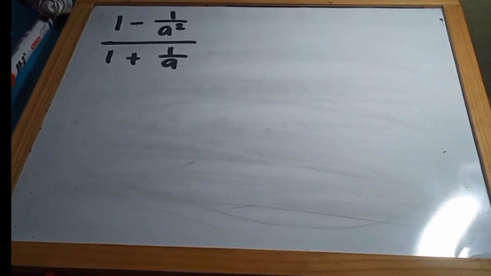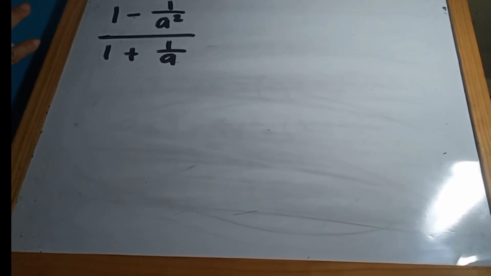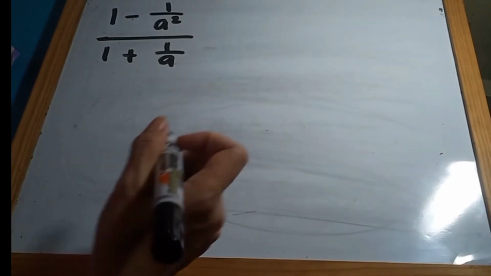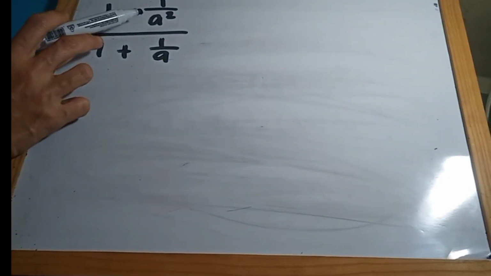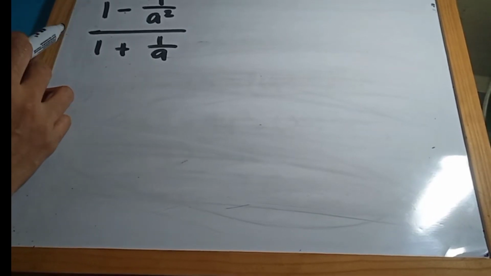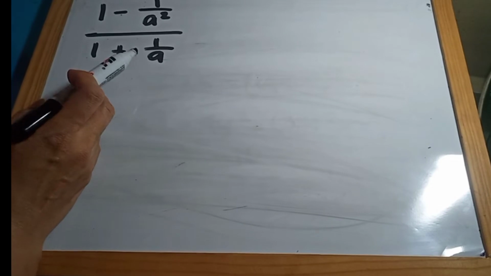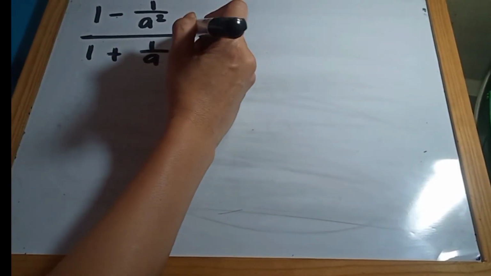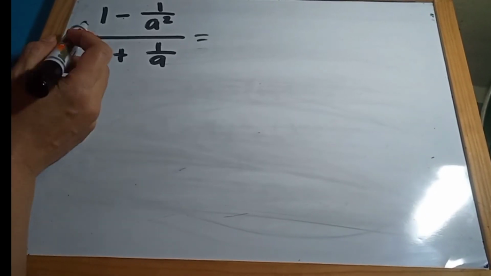Alright, so this time, let's have an example na pwede nating ma-encounter ulit sa LET exam. So, we have here 1 minus 1 over a squared, all over 1 minus 1 over a. So, in our example, this is what we call, ano nga po ulit tawag natin dito?